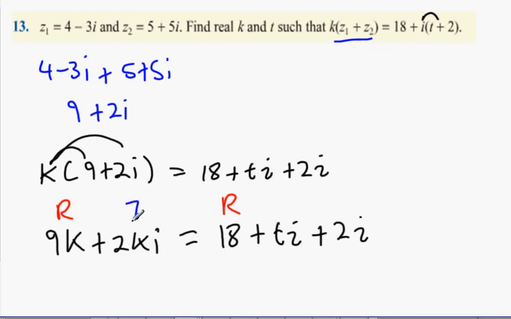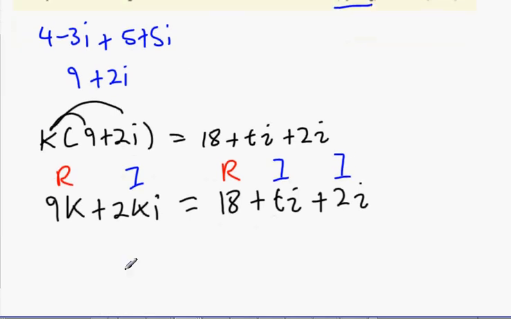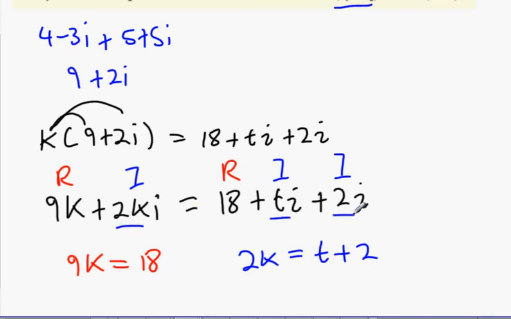Imaginary: 2ki is imaginary, ti is imaginary, and 2i is imaginary. There are now two equations you have to write down. The red equation, which is 9k equals 18, and the blue equation, which is 2k equals t plus 2. Has everybody got that? 2k equals t plus 2. 9k equals 18 because they're real.